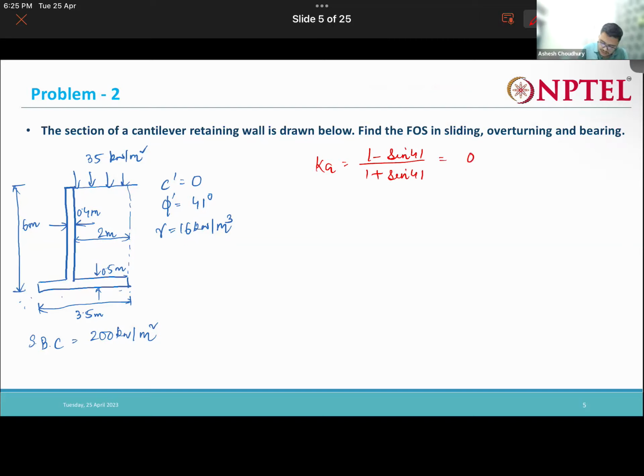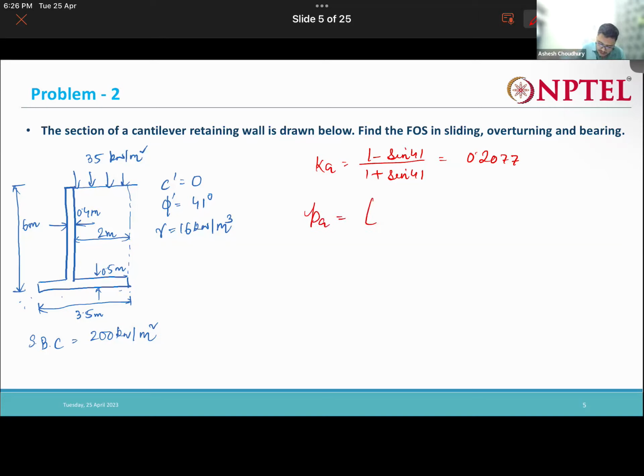Nothing but 0.2077. Okay, so this is our phi dash Ka value, right? Now, what we will be doing is that we will be actually considering Rankine's theory. So what will be our PA value?